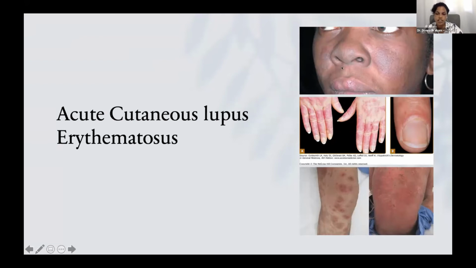You can have it generalized, where you get erythematous macules, papules, or patches over the entire body, especially in sun-exposed areas, and it may occur especially on the extensors of the limbs and on the dorsum of the hands. The thing with this is that it tends to spare the knuckles, unlike dermatomyositis, which we will review later, that involves the skin of the knuckles.